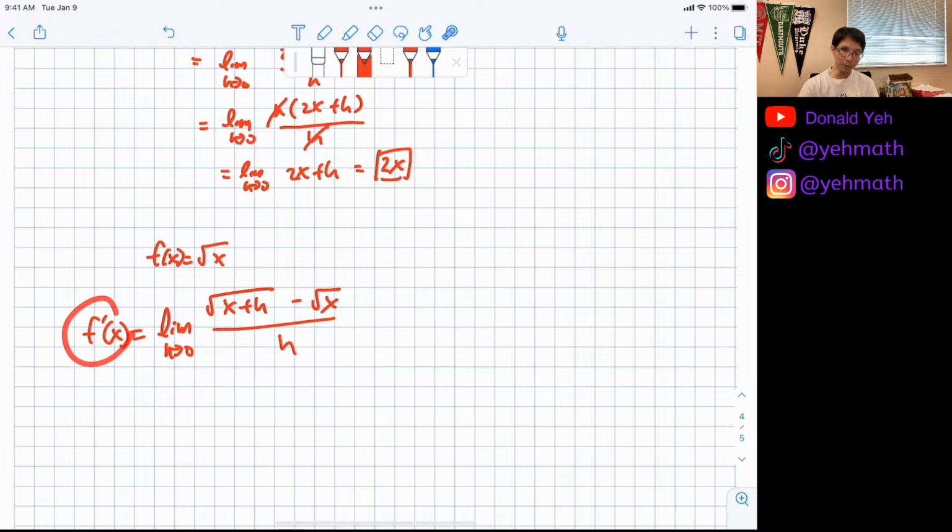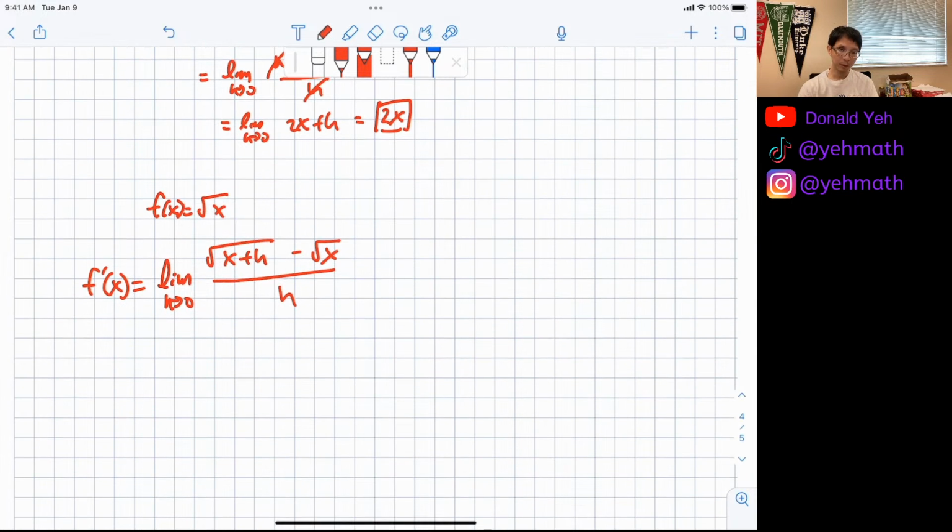Also, do you have this part written down? Because that's f prime of x. You have to denote that as f prime of x. That's your derivative. What do you do after here? What did you do here? What is a conjugate in this case? There you go.